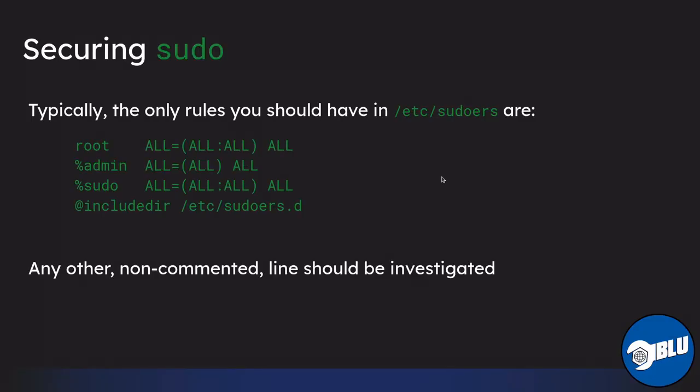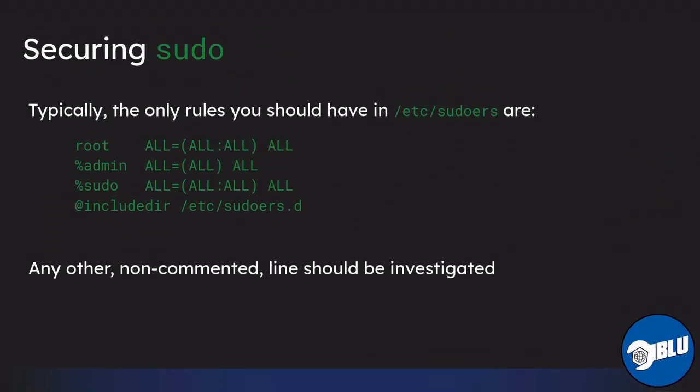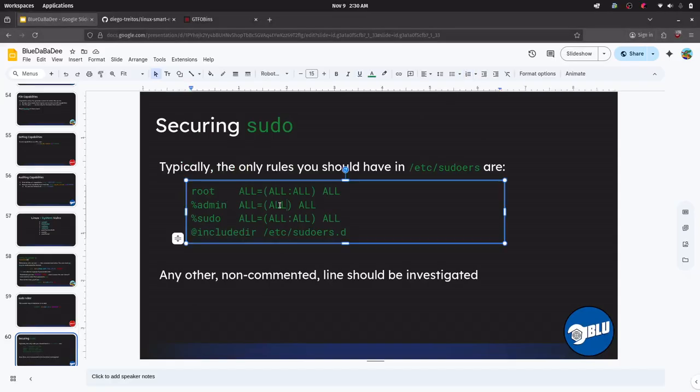So as blue team, what we need to do is look at /etc/sudoers and be able to understand whether these lines are legit or not. So look for the uncommented ones and then determine if it's legit. Usually if you see NOPASSWD, that's pretty bad. If you see ALL, that's a bit suspicious.